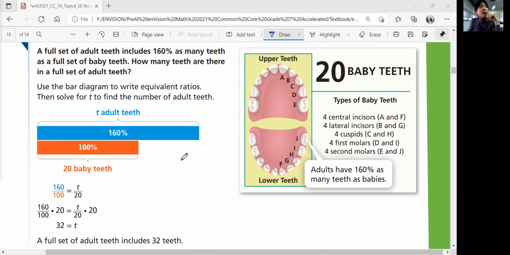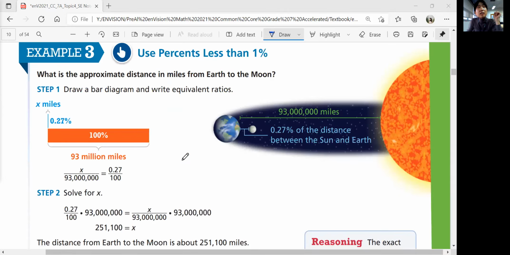Okay. Example 3, use percents less than 1%. Ooh. What about this example? What is the approximate distance in miles from Earth to the moon? We know that the distance from the Earth to the sun is 93 million miles, and 0.27% of the distance between the sun and the Earth is another given piece of information.